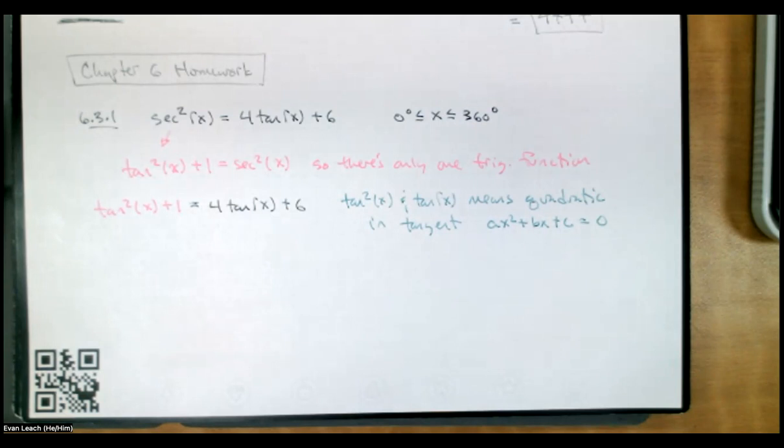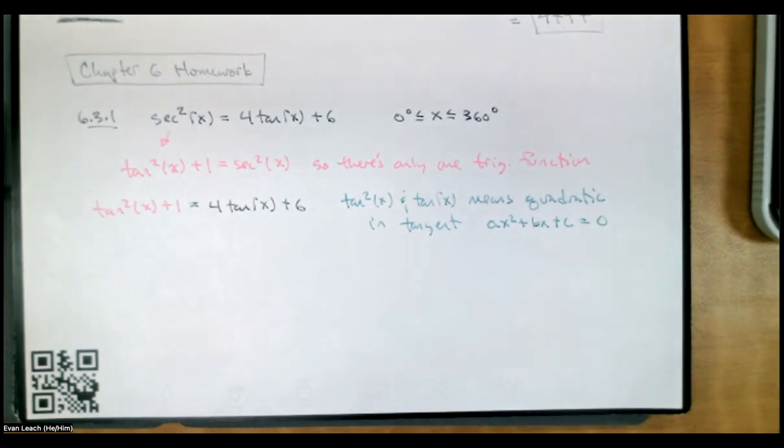Because there's a tangent squared and a tangent, this equation is quadratic, but instead of just x, it's going to be tangent.